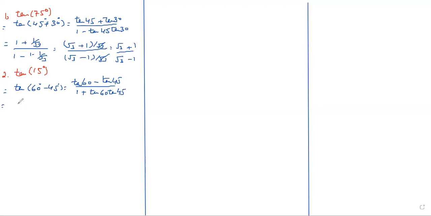So we have tangent 60 is root 3, minus tangent 45 which is 1, divided by 1 plus 1 times root 3, which equals root 3 minus 1 divided by root 3 plus 1. This is our final answer. And I hope that you understand it well.